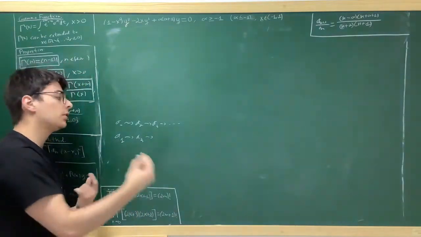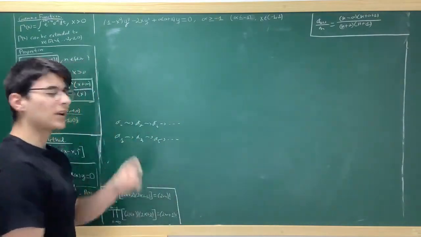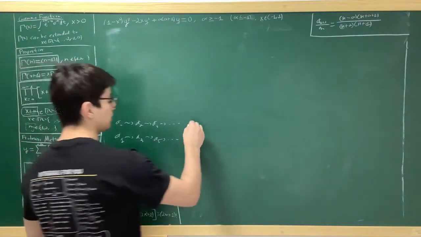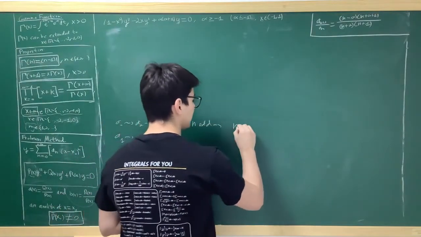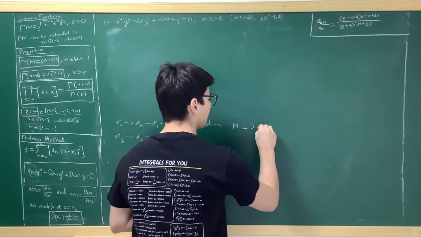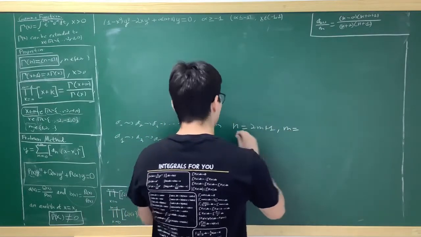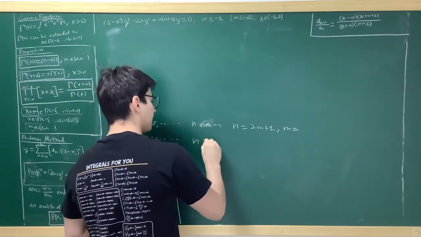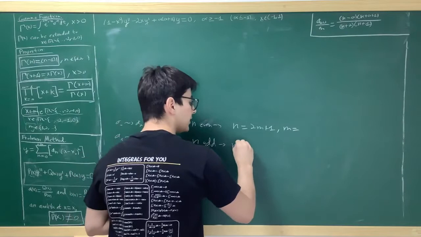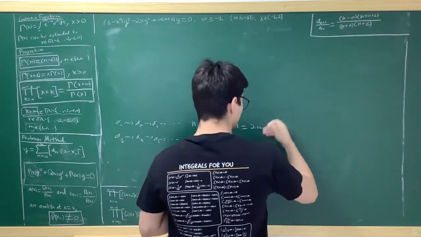Likewise, starting with a_3, we'll get a_5. So we can separate this into n even and n odd. Sorry, I'm so sorry. It's even, and this is n odd. So n is just 2m plus 1. This is just 2m.